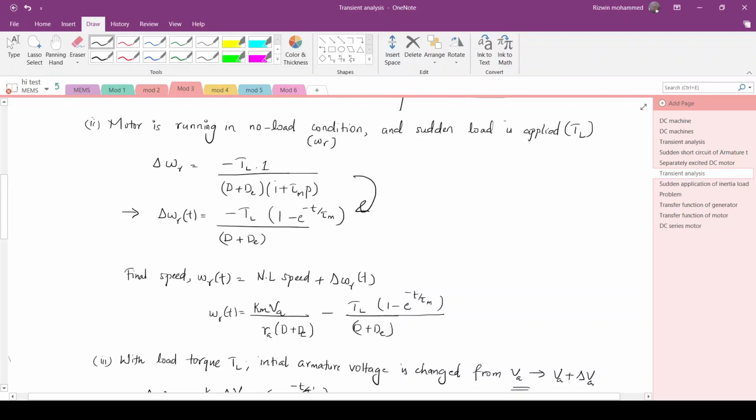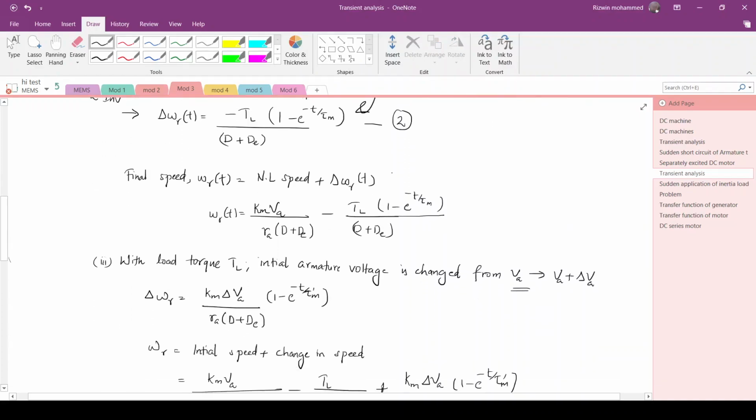So again we take the Laplace inverse of the above equation after converting into the S domain, and you will get the change in speed, delta omega r of t, given by equation number 2. So you already have the steady state speed, the no load speed, which is the speed attained when the voltage Va is applied.